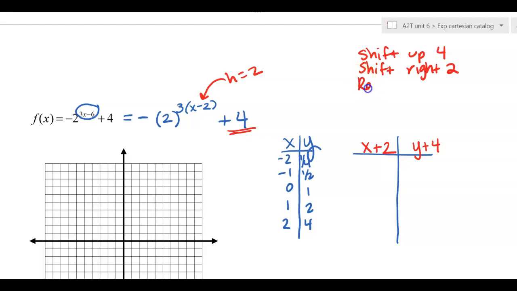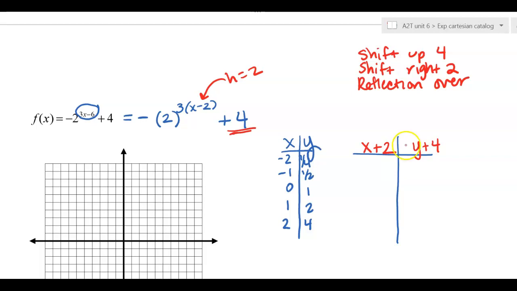Okay, good. And what axis are we reflecting over? So the reflection's out here, right? The negative is out here. Is it going to affect x or y values? It's going to affect y values, right? Because it's not affecting x, okay?